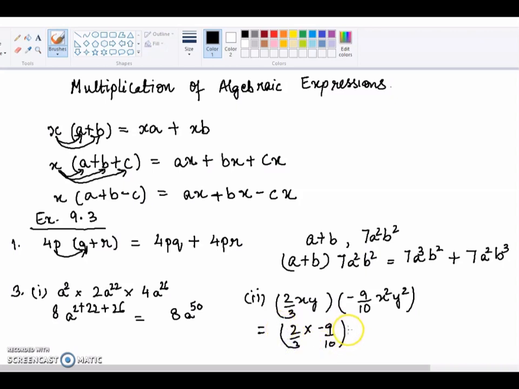Coefficients you can multiply separately, and xy into x square y square can be written separately. Now when you multiply these coefficients, 3 and minus 9 can get cancelled out. 3 3s are 9, so this becomes minus 3, and 2 5s are 10. So this will become minus 3 by 5, and x into x square, x cube, y into y square, y cube.